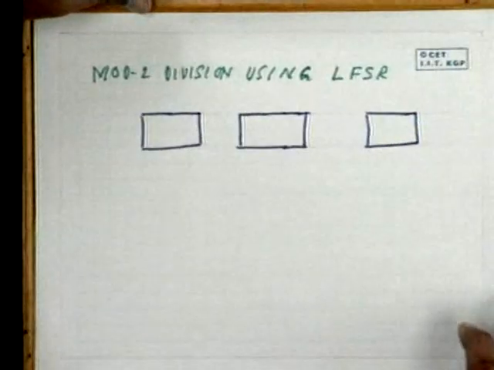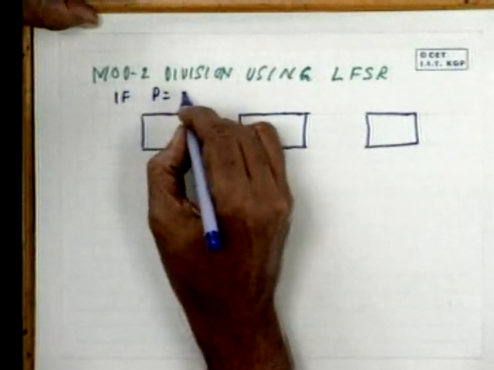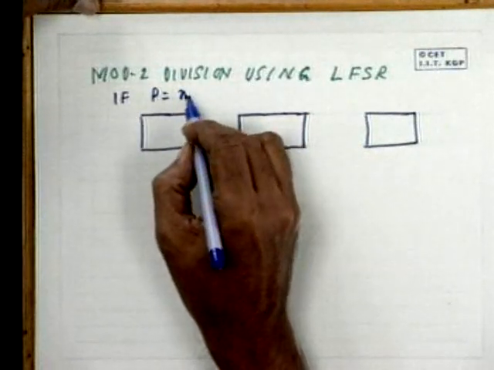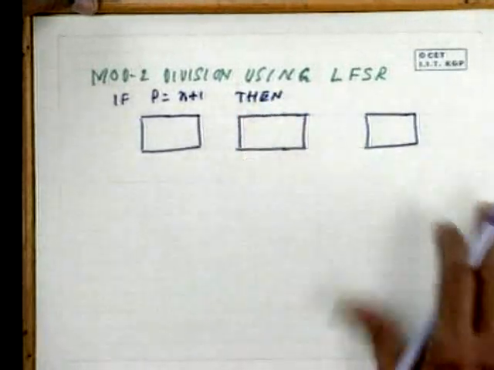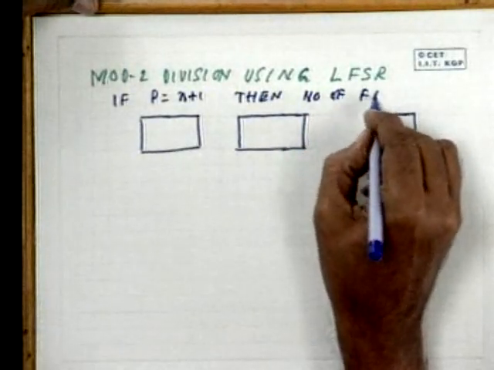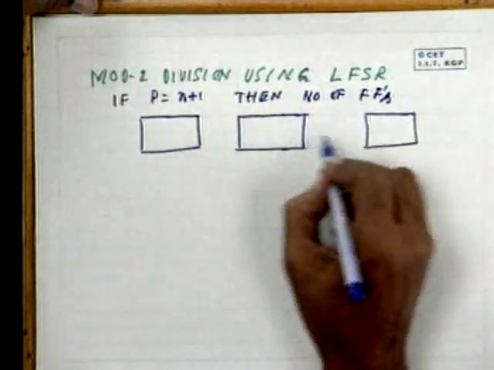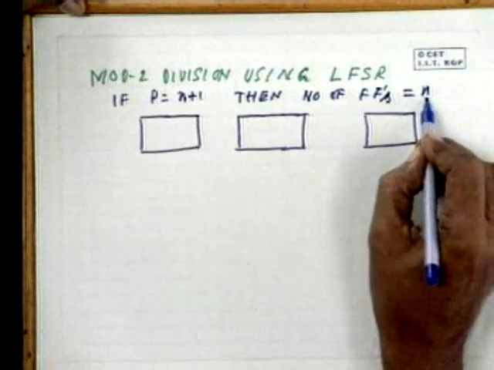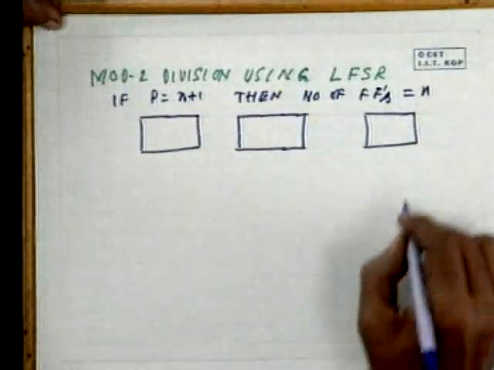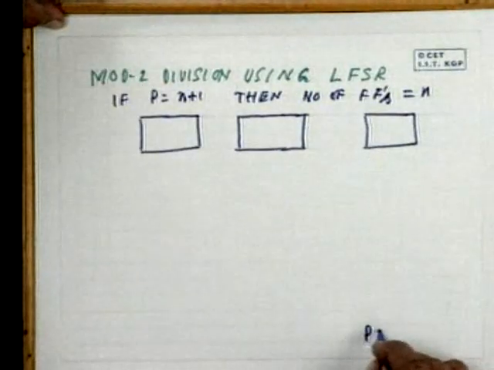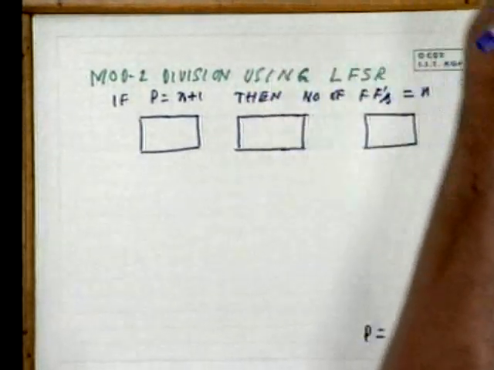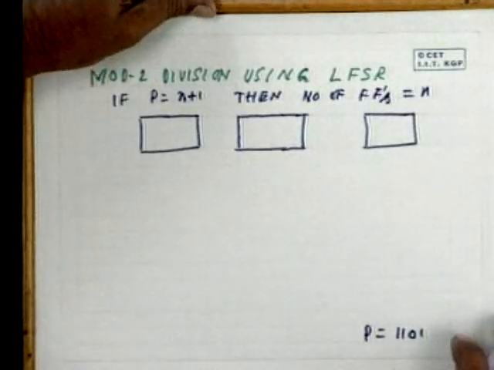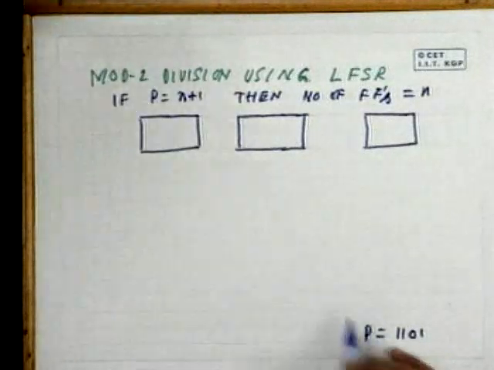If P is equal to N plus 1, then the number of flip-flops in the shift register, or number of bits in the shift register stage, is equal to N. And number of XORs can also be at most N. So in this case, if you remember, your P was 1 1 0 1, sorry, it is not this.